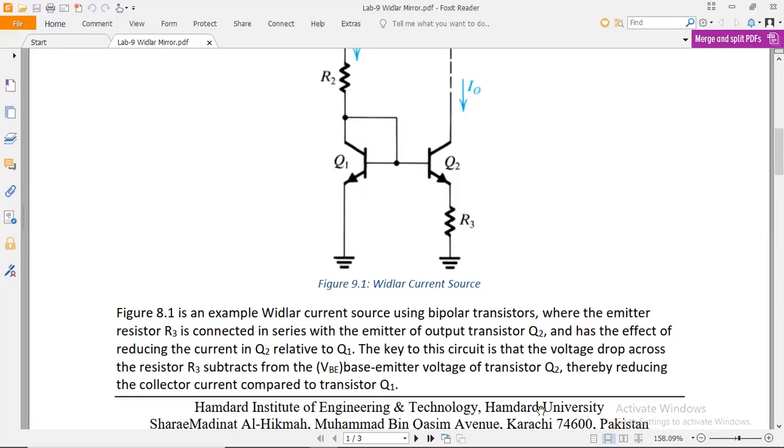Here we have already seen this, and it has the effect of reducing the current in Q2. So in this way, the current is reduced.